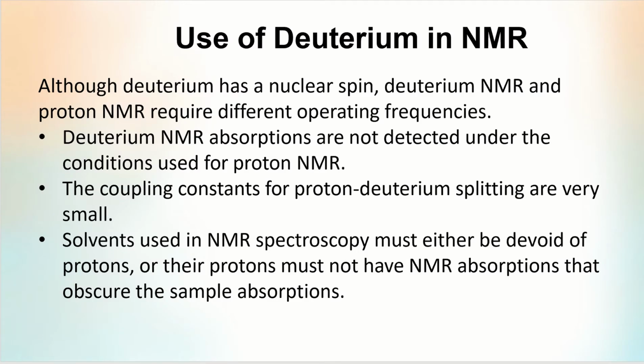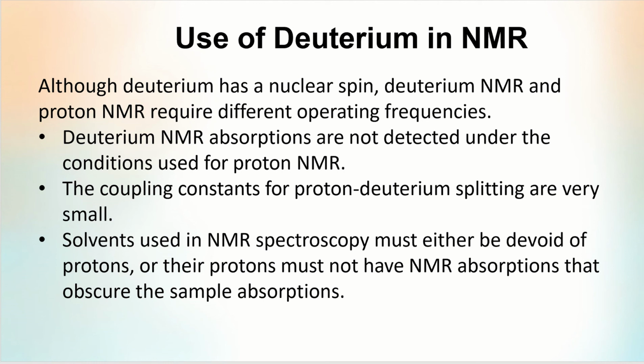All right, so use of deuterium in NMR. Although deuterium has a nuclear spin, deuterium NMR and proton NMR require different operating frequencies. So deuterium NMR absorptions are not detected under the conditions used for proton NMR.